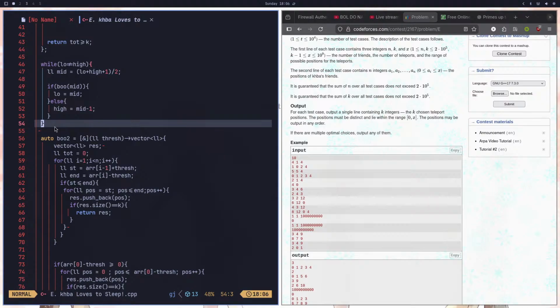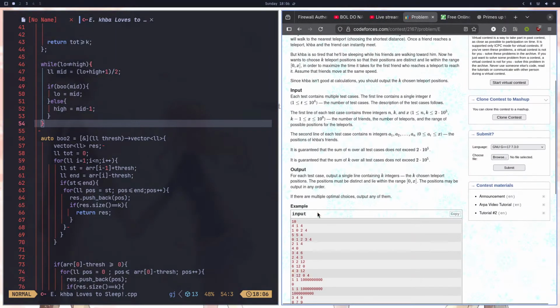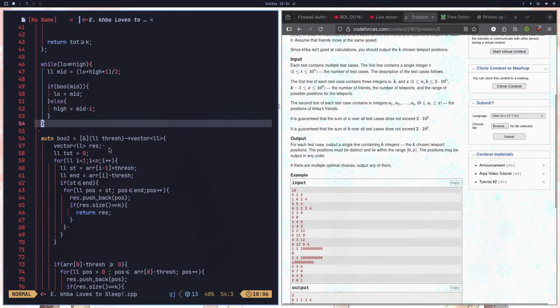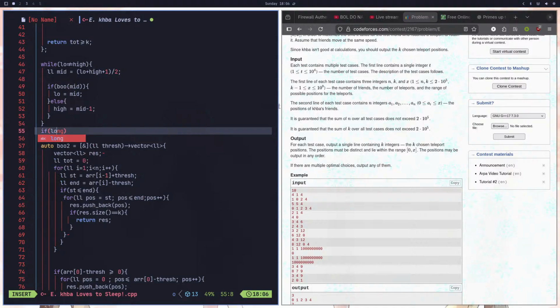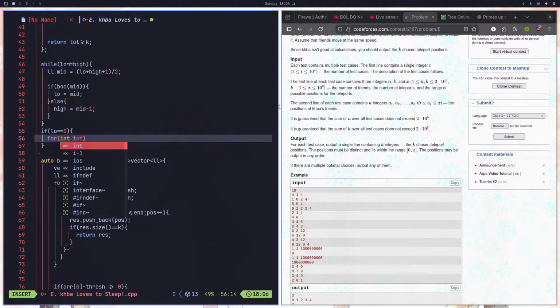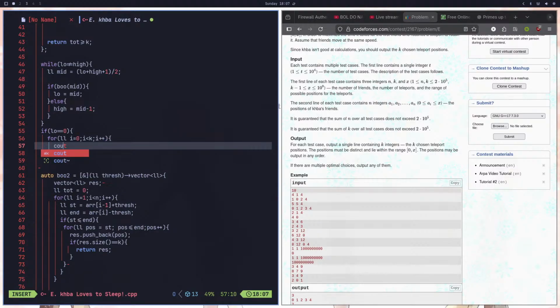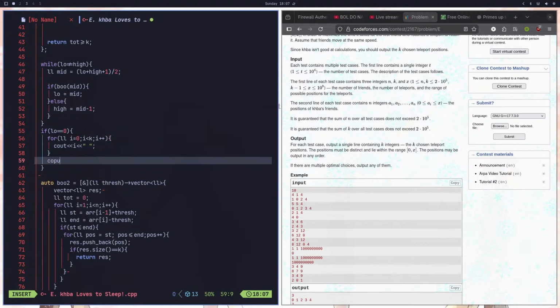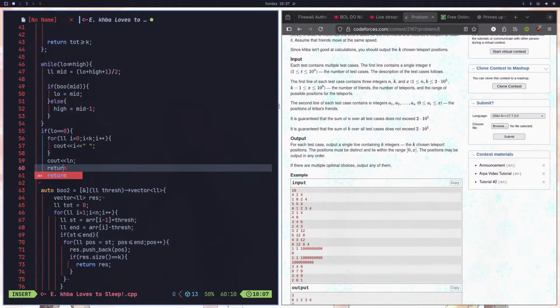अच्छा. low equal to 0, for i equal to 0, i less than x, i less than k, i plus plus, shout i, shout ln return.